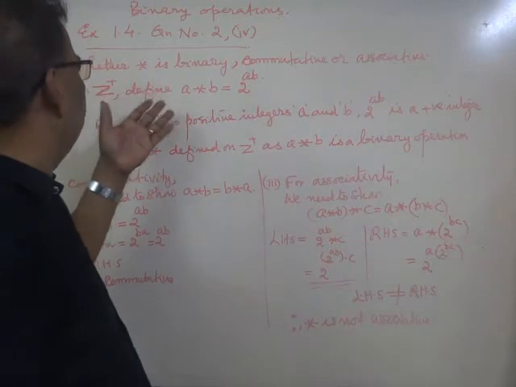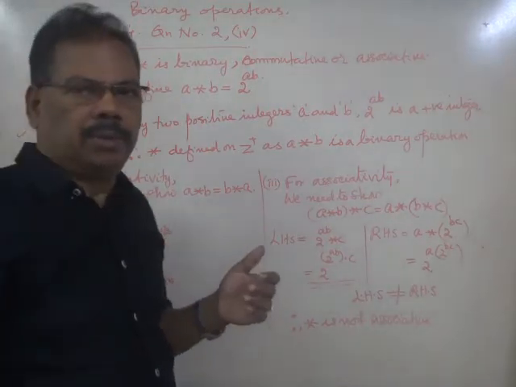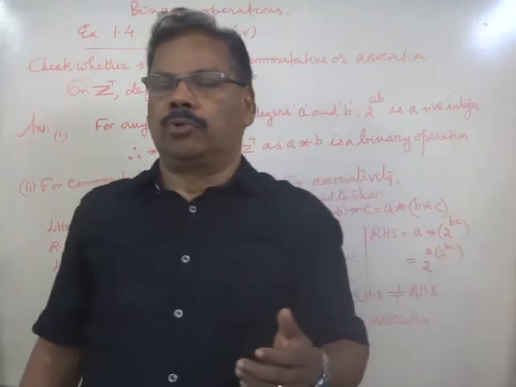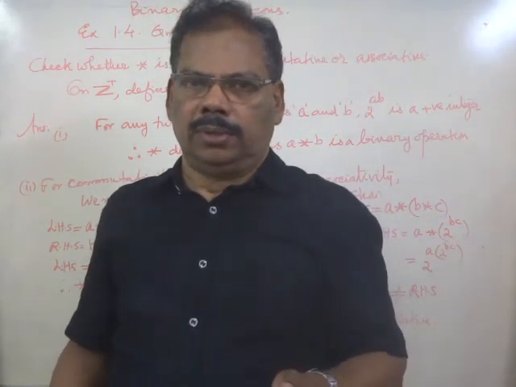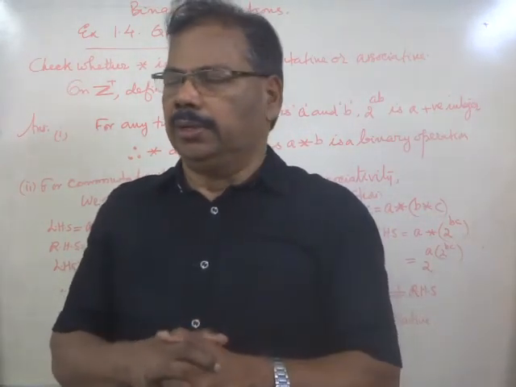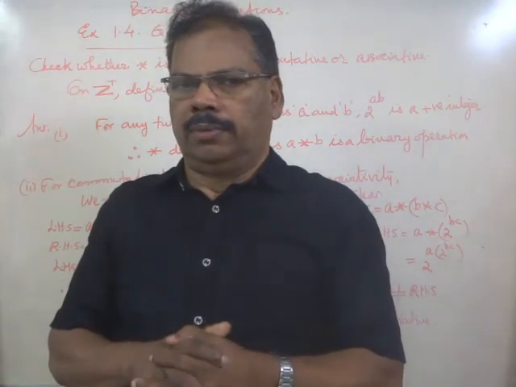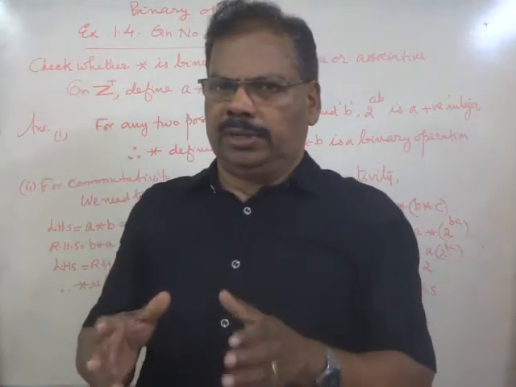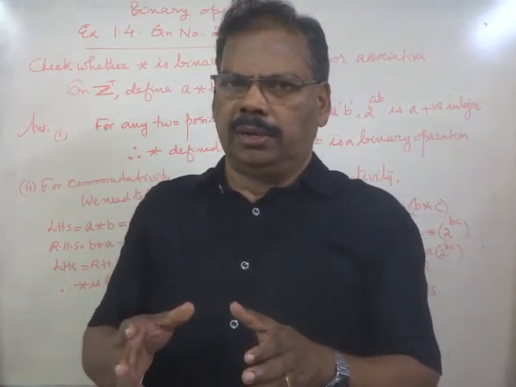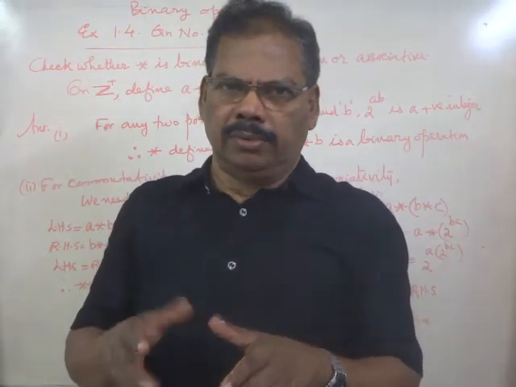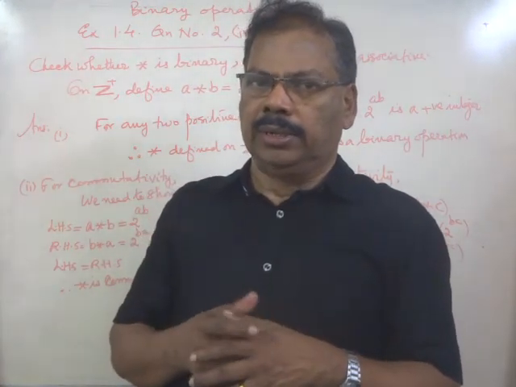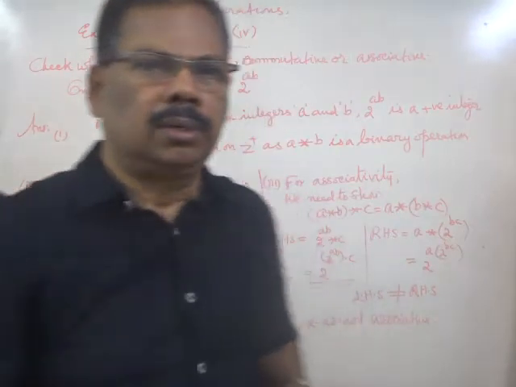Consider any two positive integers, a and b. For proving it is a binary operation, we have to examine whether the result obtained on the given operation by that definition is a positive integer.